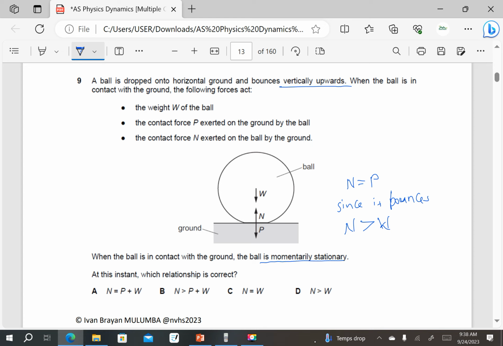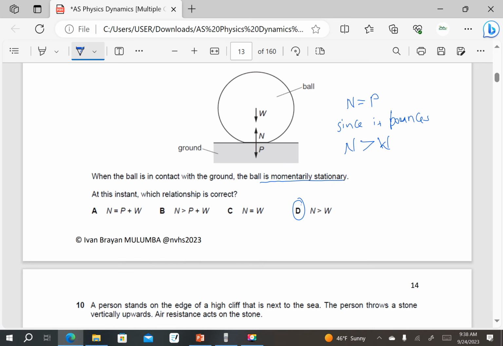In other words, the resultant force must be upwards, and the only force acting upwards is N. So N is going to be greater than the weight, since it goes upwards after the collision. Momentarily the resultant force is upwards when it starts moving upwards. So the answer is going to be D because it rebounds. So the answer is automatically D.